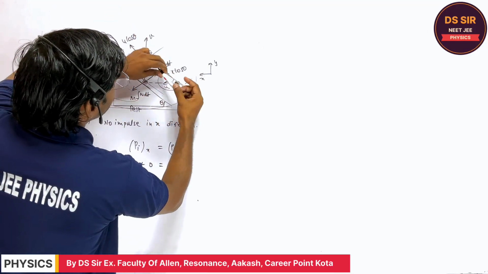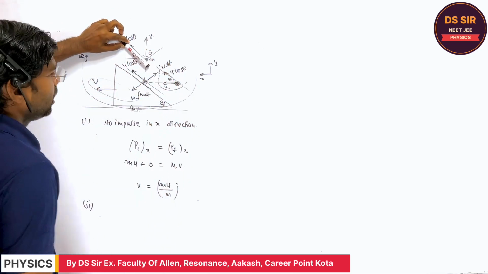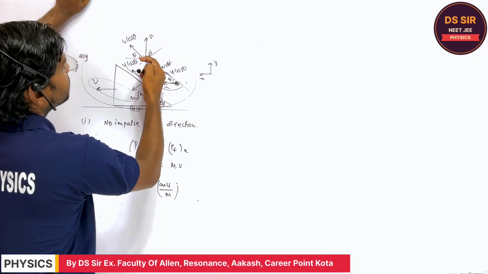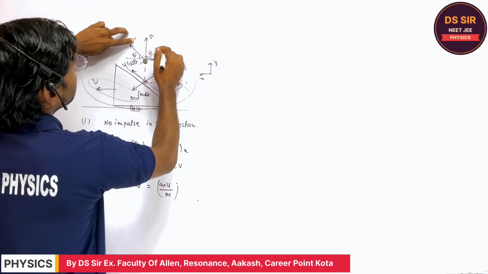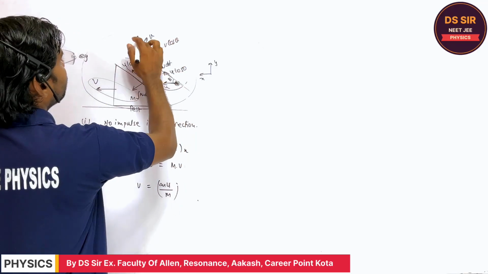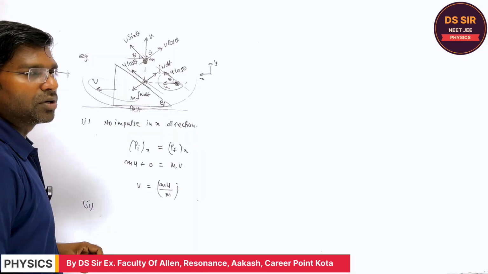If this is u cos theta, after collision also it remains u cos theta. Now if this is v, and this is theta, then after collision this component is v cos theta, and this component is v sin theta. Are you getting or not?